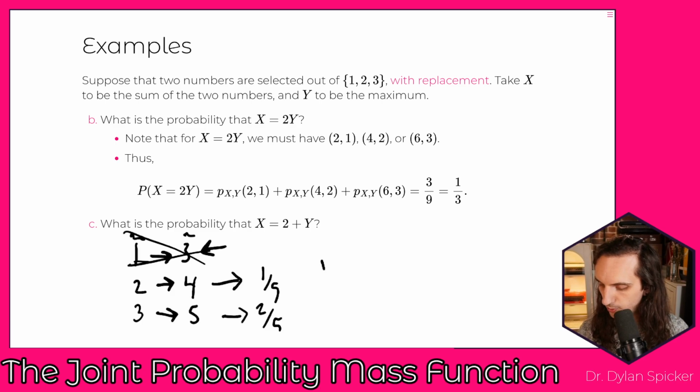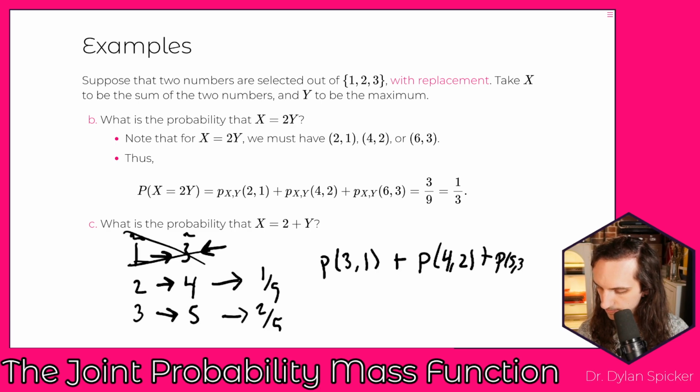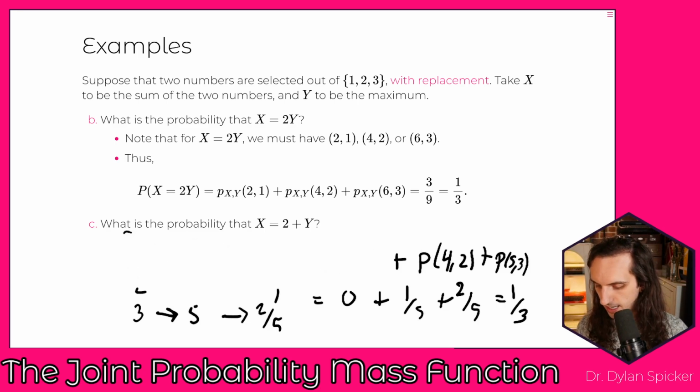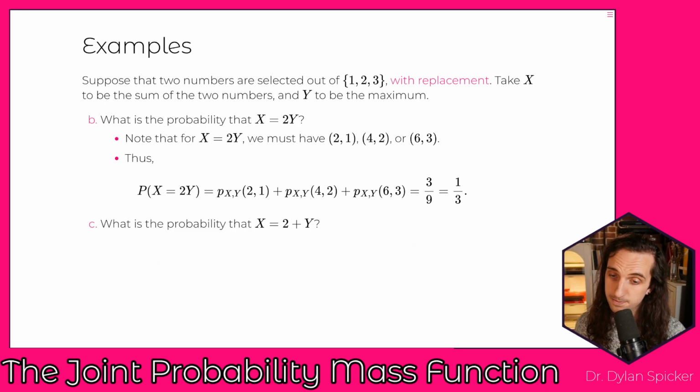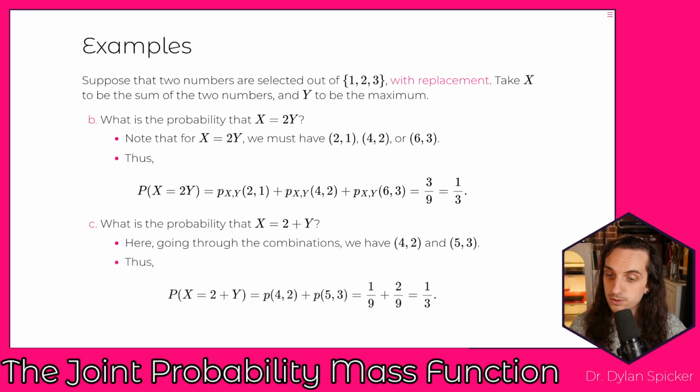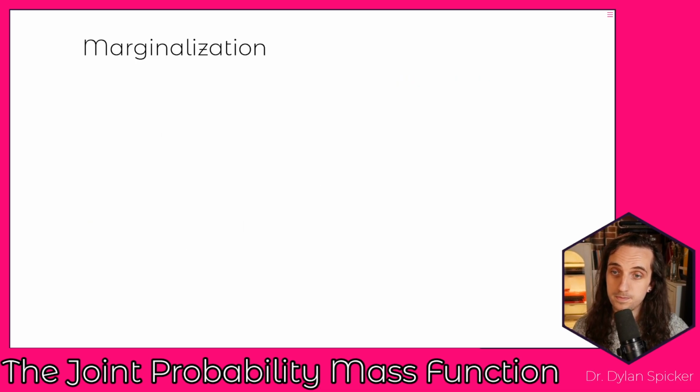And so in theory, what we would want to do is add up the probability of (3, 1), plus the probability of (4, 2), plus the probability of (5, 3), which is going to be 0 plus 1 in 9 plus 2 in 9, which is itself 1 in 3 as well. Okay, and so then we end up with a 1 in 3 chance that x is equal to 2 plus y. So we either are dealing with a (4, 2) or a (5, 3). Adding those up together, we get a probability of 1 out of 3.